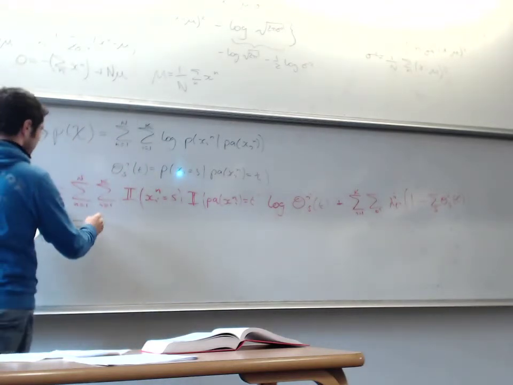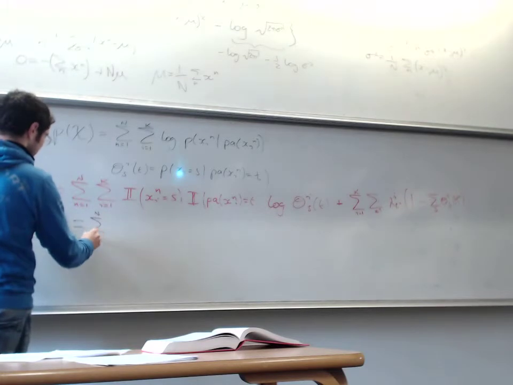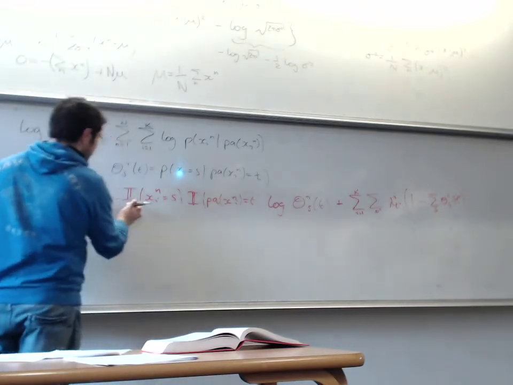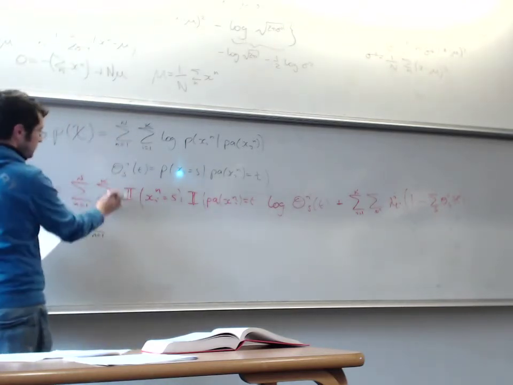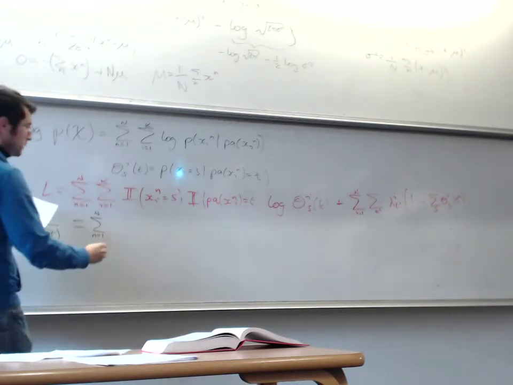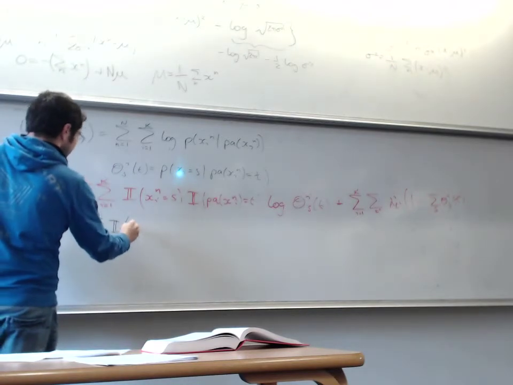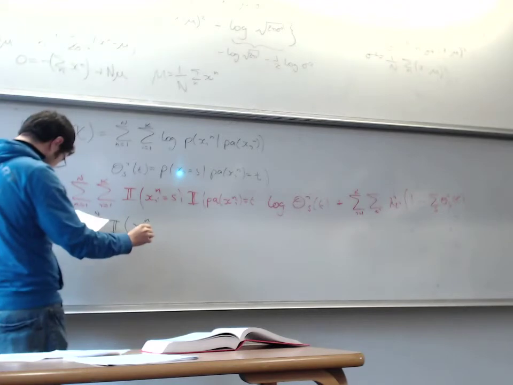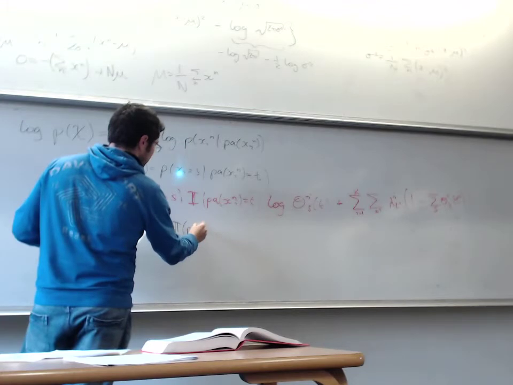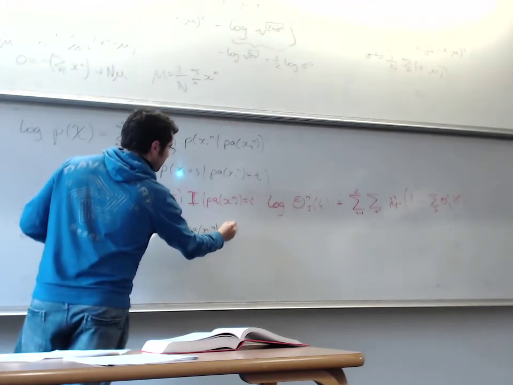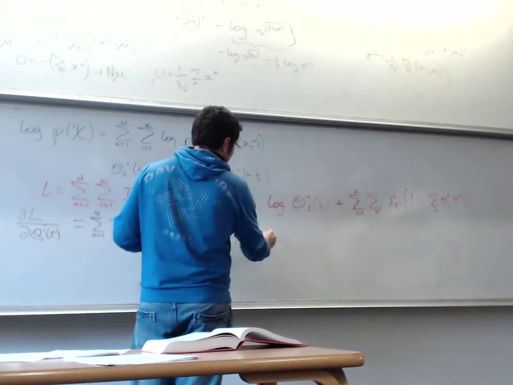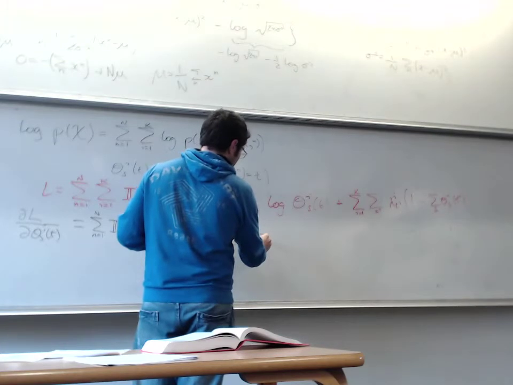So this is now just going to be the sum over n equals 1 up to capital N of the one term from this. There's no longer a sum over k because all of the ones that are not equal to j have dropped away. So this is now the indicator function x_jn equals s, times the indicator function parents of x_j equals t. And differentiating this, we just have 1 over theta_jst.